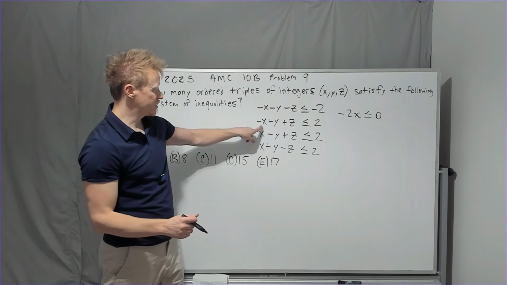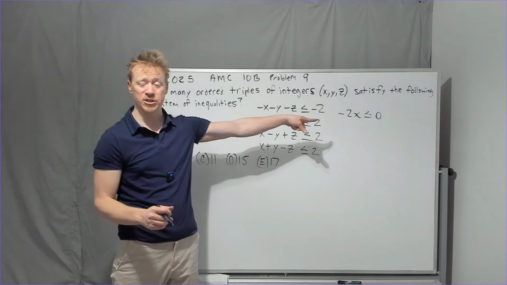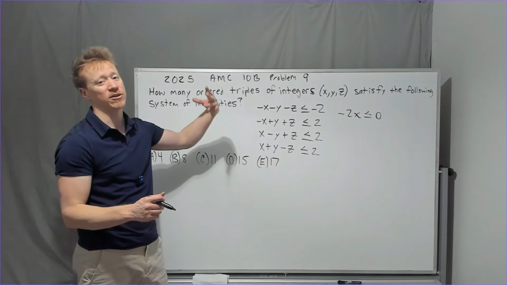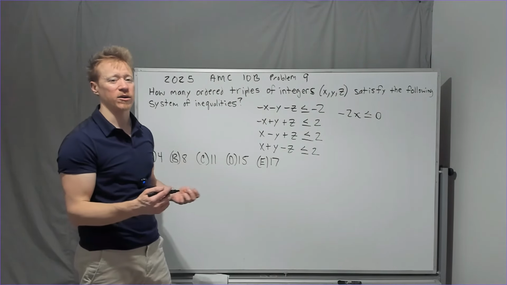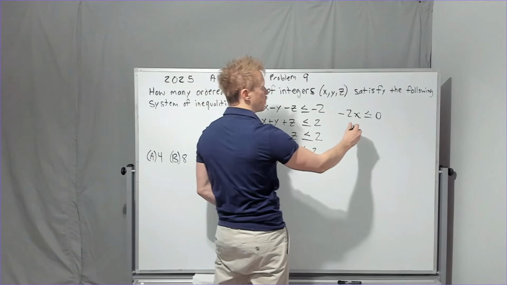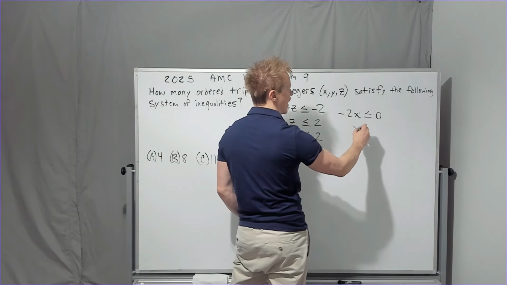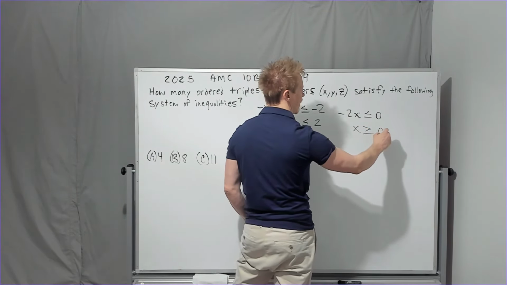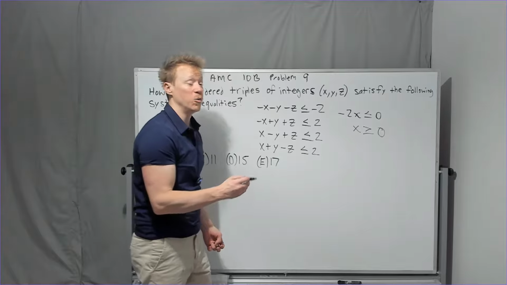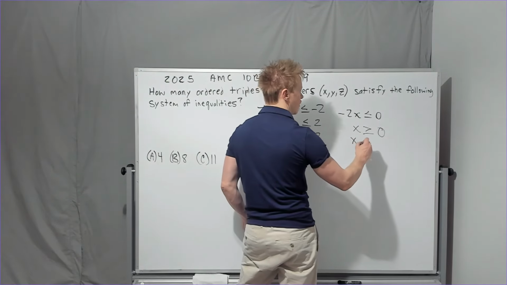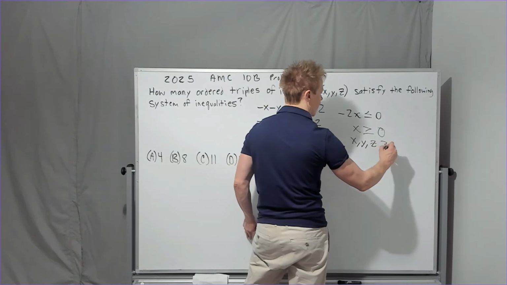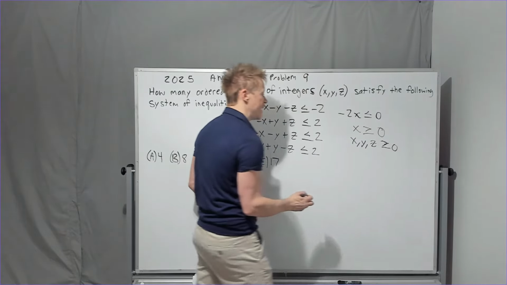Understand that because of the symmetric effect, I can also make negative 2y less than or equal to 0 and negative 2z. They're all going to work this way. Now, I'll divide by negative 2, and I will get x is greater than or equal to 0, which means x, y, and z are all greater than or equal to 0.